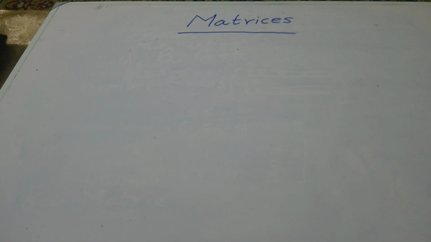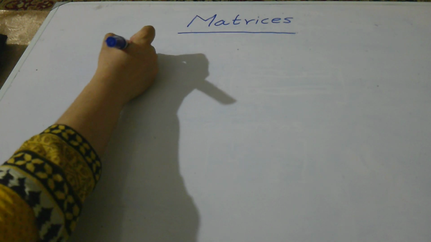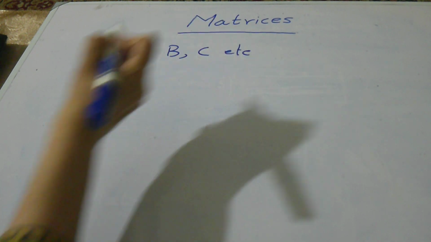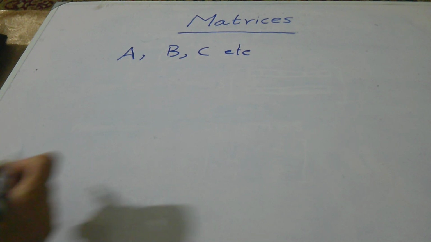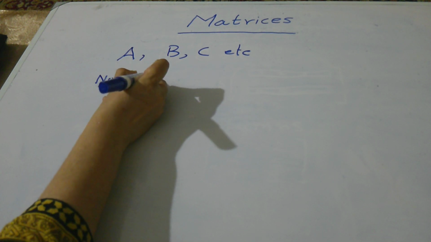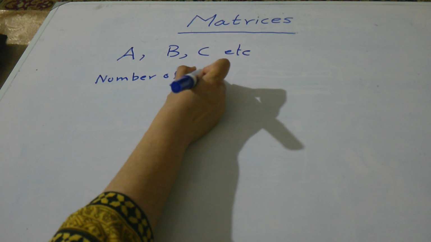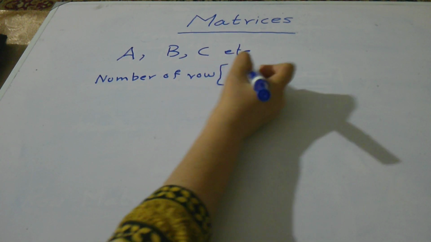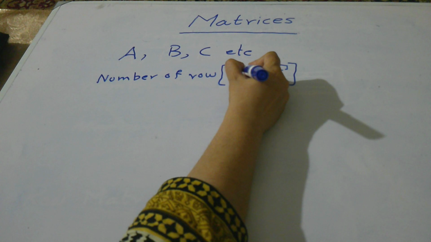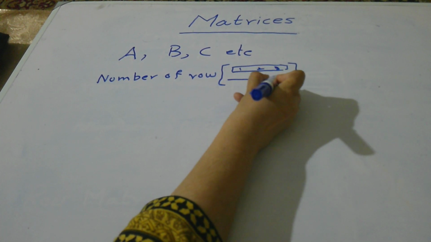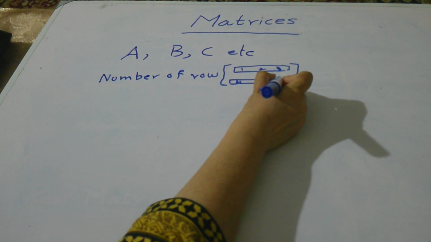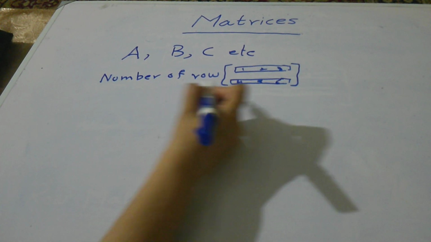Matrices are usually denoted by bold capital letters such as A, B, C, etc. The order of a matrix is written as the number of rows multiplied by the number of columns.